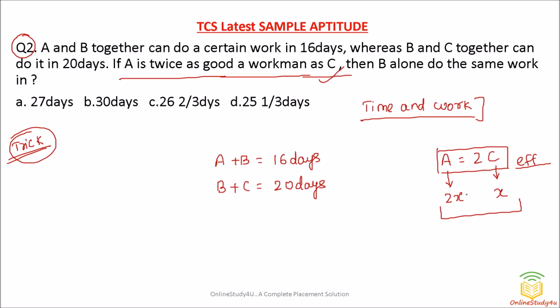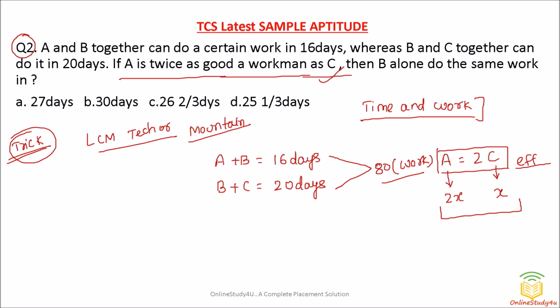Okay friends, fine. Now what I will do here, I will take the LCM, because we are using the LCM technique, or the Mountain Dew concept. So here 80 is the LCM for this. If you are not comfortable taking the LCM, you can consider any value which is divisible by both 16 and 20.